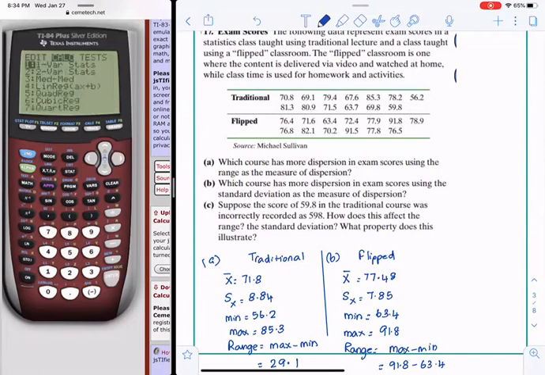Just want to double check if my answers are consistent. Yes, so I'm going to go back and change the data point. 59.8 is now changed to 598. And one variable statistics of the data in list 1, which is the scores for the traditional classroom.